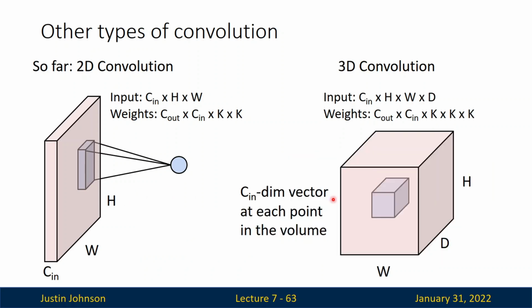Also, if you have 3-dimensional data, like in videos, you have width and height of the image, but you also have several frames. So it becomes 3-dimensional data. Then you can apply 3-dimensional convolution on the video data so that you can do action recognition.